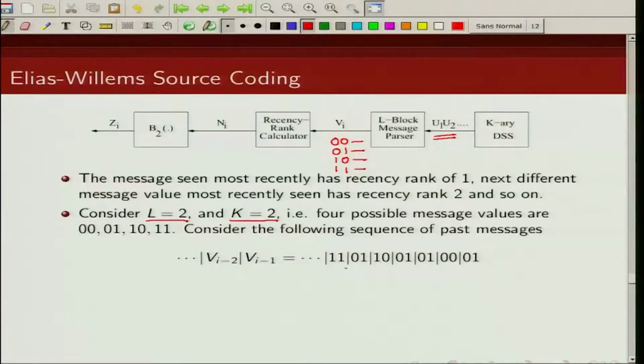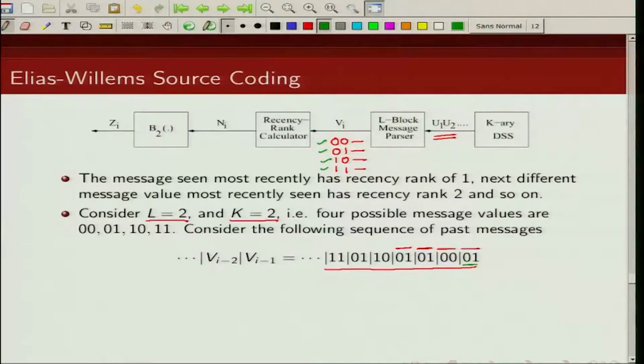So let us consider that this is a sequence that you have encountered in the past. So this is Vi minus 1, this is Vi minus 2, Vi minus 3, Vi minus 4, and so on. Now, which among these 4 sequences has occurred most recently? That is 0 1.